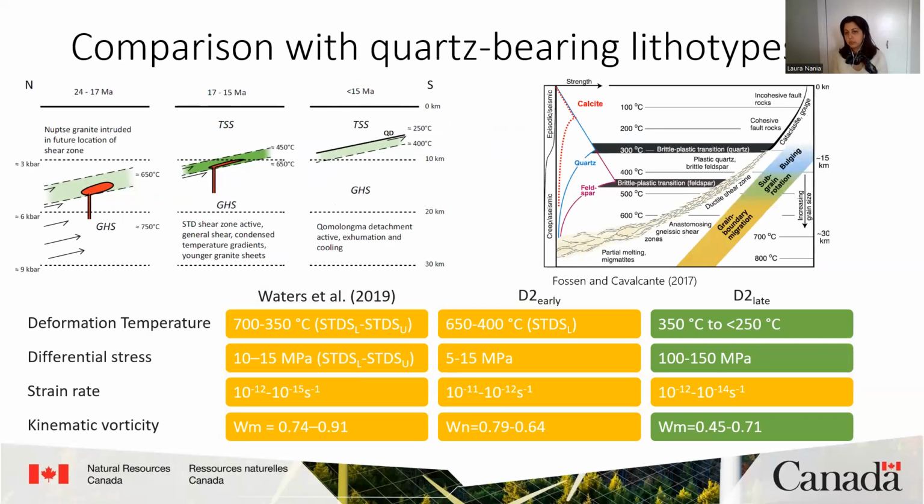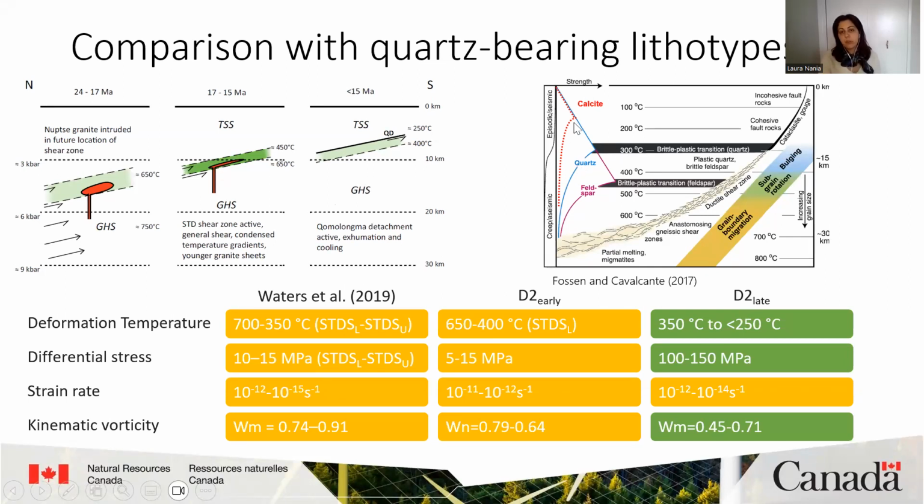So now I would like to show that what has been seen in the quartz-bearing rocks is that we had a localization of the deformation toward upper structural levels, or anyway, a new localization of the detachment itself. If we think now about what we had in the mylonites, we had rocks that were able to keep deforming under plastic conditions even when the temperatures were way below the temperature at which quartz can deform plastically.